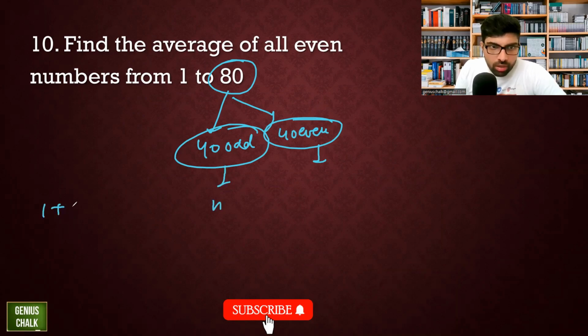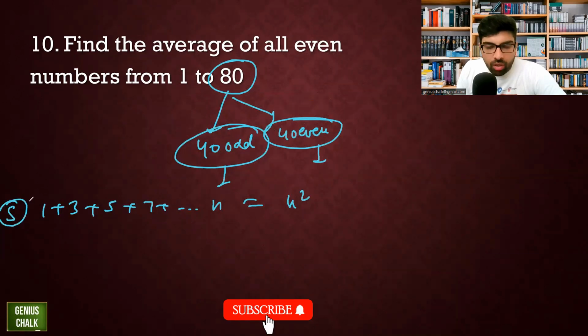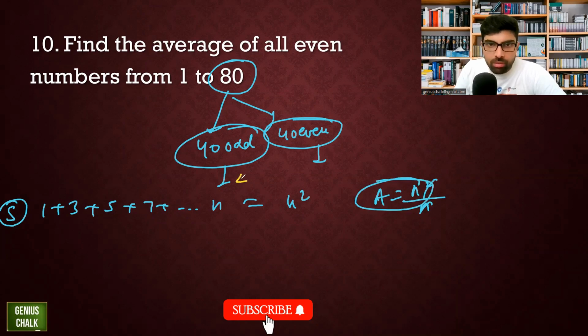Because 1, 3, 5, the sum of the first n odd natural numbers is n square. So if I want to find the average, sum by number of things, the average will be n, as it is n square by n. So there are 40 odd numbers, and the average is 40.